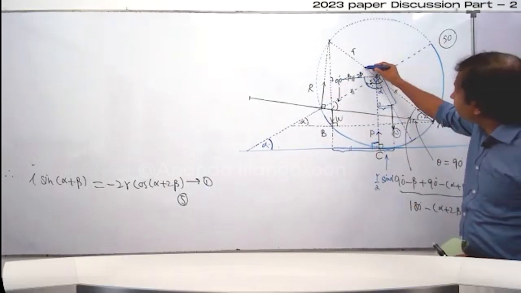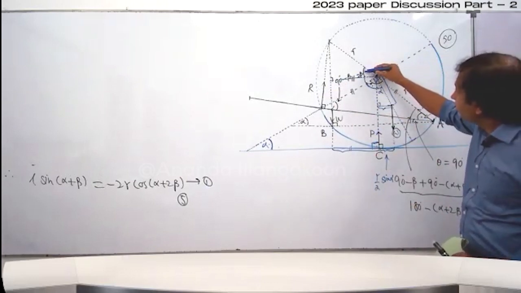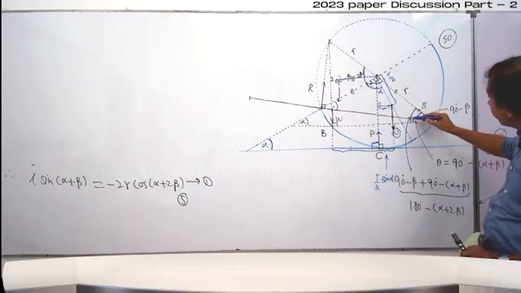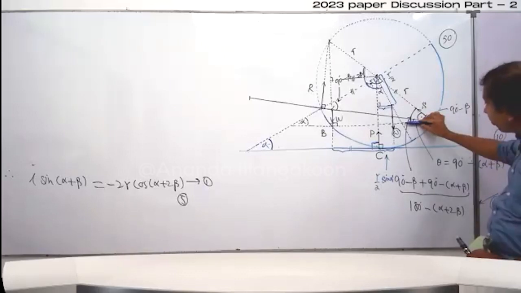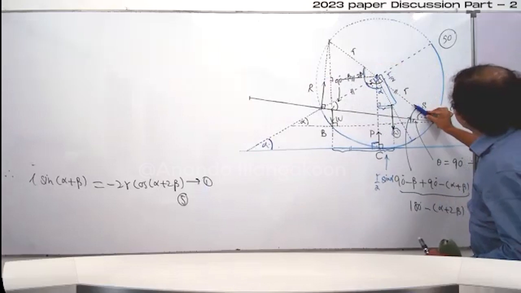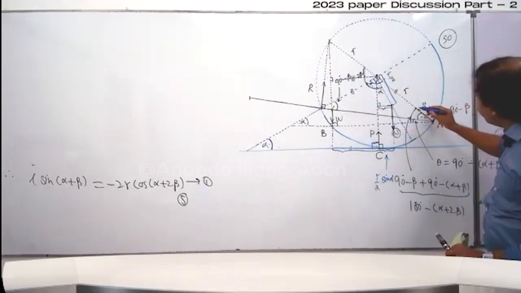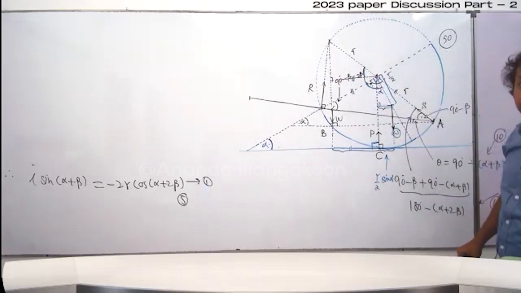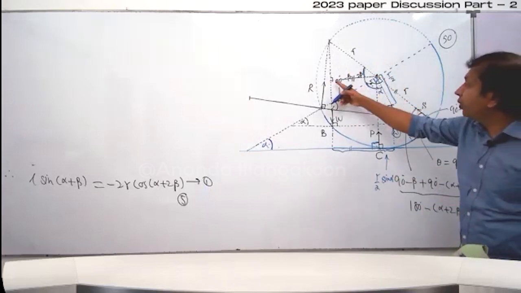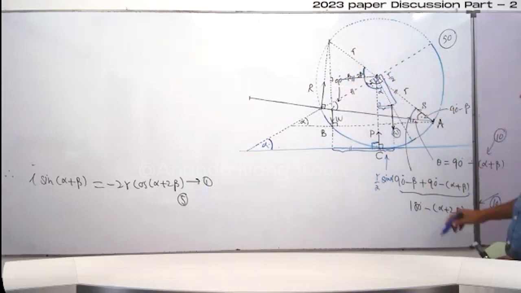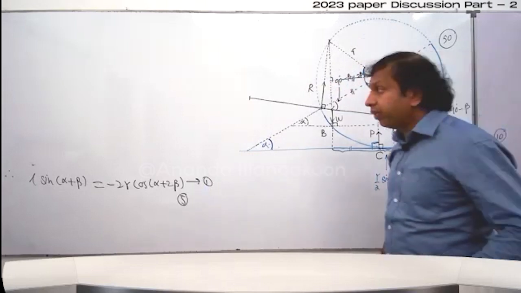This angle is equal to this whole angle, no? Why? This is horizontal, this is also horizontal. This is the transverse line. Therefore, this angle and this angle are equal because of corresponding angles. Then this length from here to here will be equal to what? R times cos of this angle. That angle we found is 180 minus (L plus 2 beta), right?